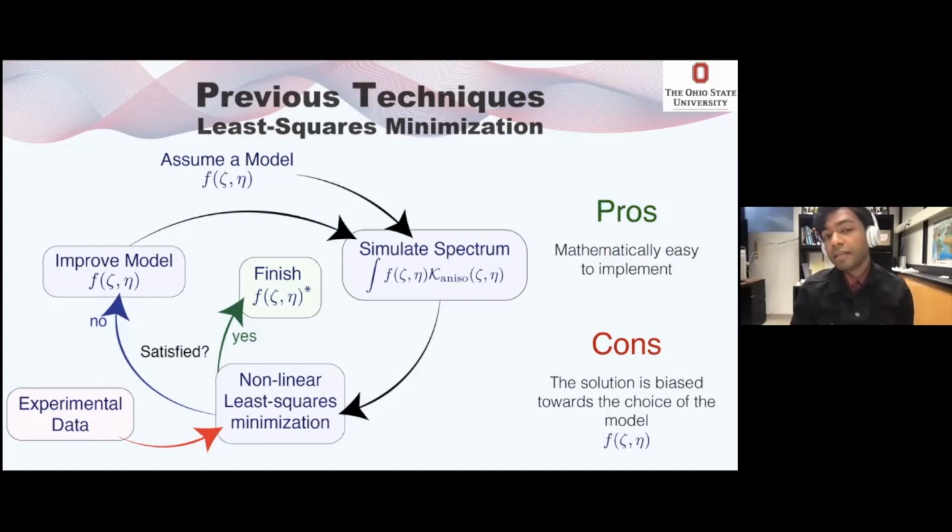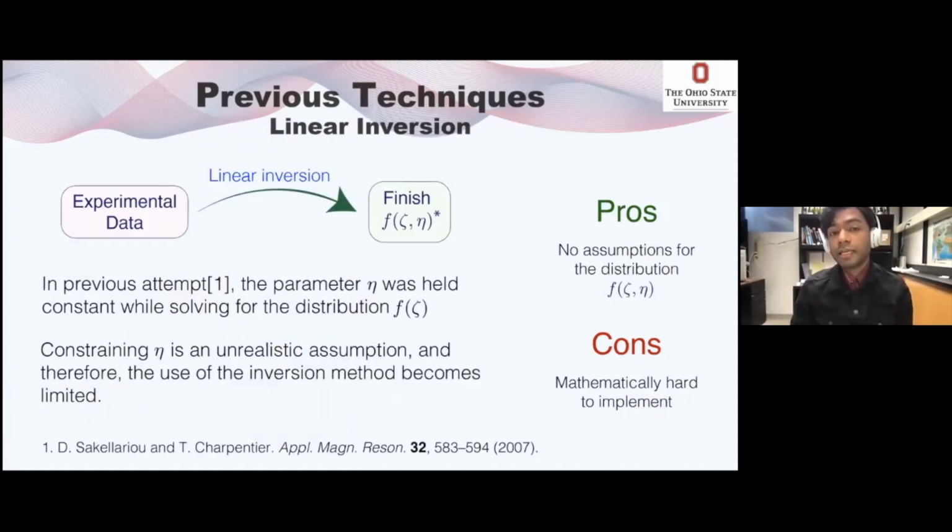Now, the advantage of this technique is in its mathematical simplicity. It's easy to implement, but the disadvantage is you're constraining or biasing your system based on what model you choose for the probability distribution. The other technique is to use a linear inversion where you take the data and just perform an inversion and get the final result.